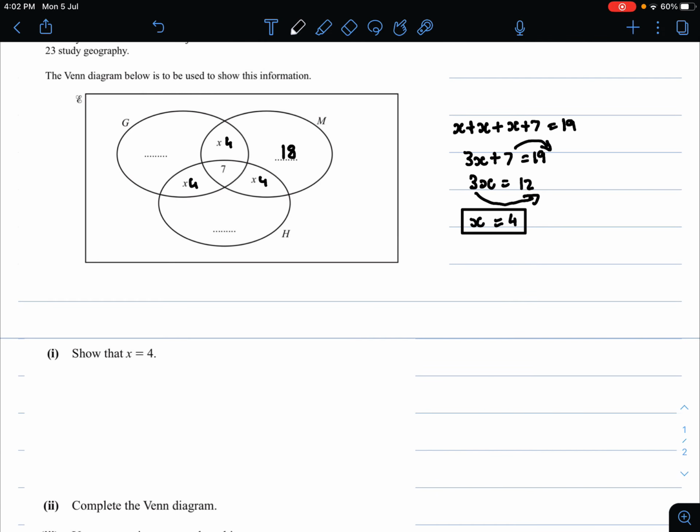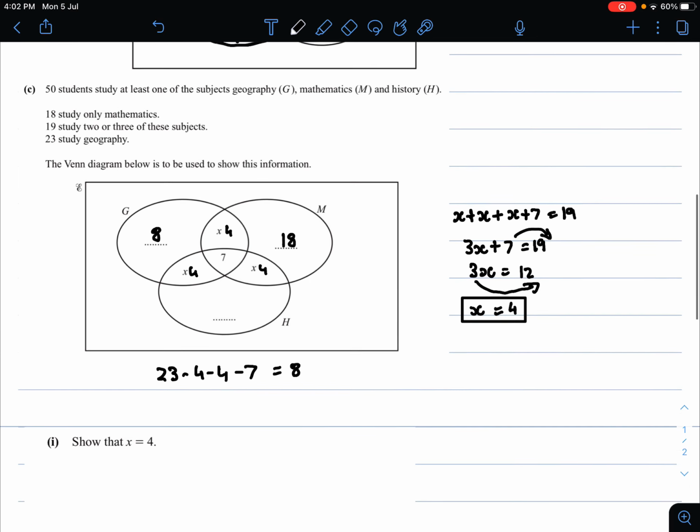So 23 minus 4 minus 4 minus 7. So we know 23 is the total. We know the other three parts of the geography circle. So all we need to do is minus those parts. So 23 minus 4 minus 4 minus 7 is equal to 8. And therefore 8 will come right here.